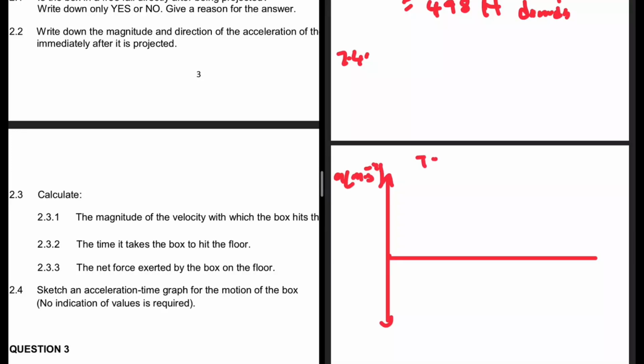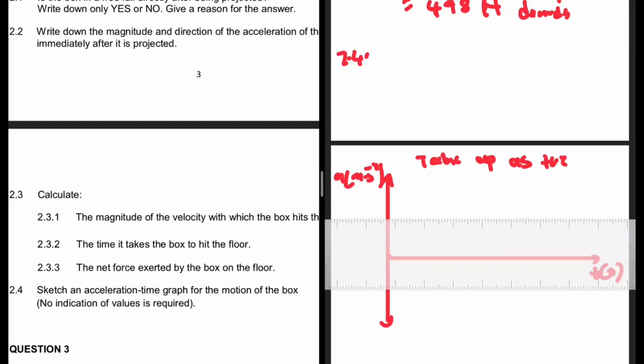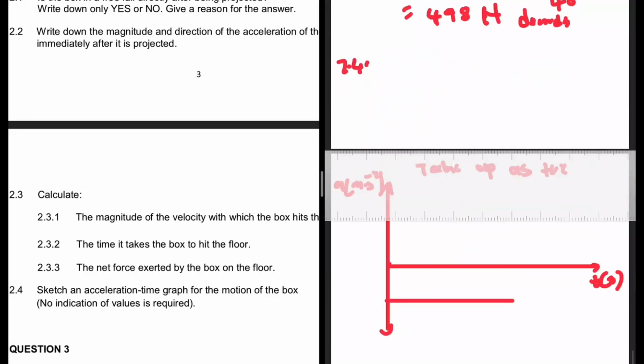I want to take up as positive, and this is time in seconds. If I take up as positive, for the part of the motion where it is in free fall, we are going to have minus 9.8.